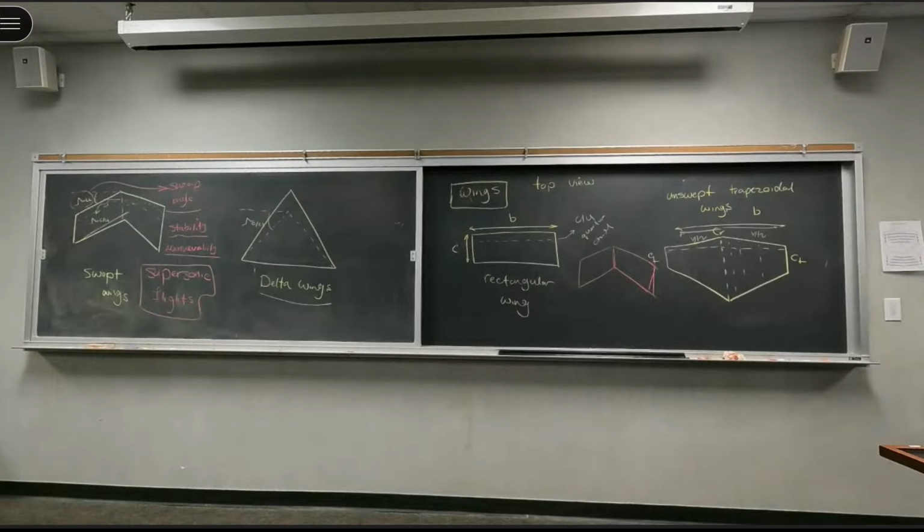I want ideas. What do you think will change? Yes. So the span is going to be smaller. Is that what you want to say? Okay. Yeah, that's one geometrical change.